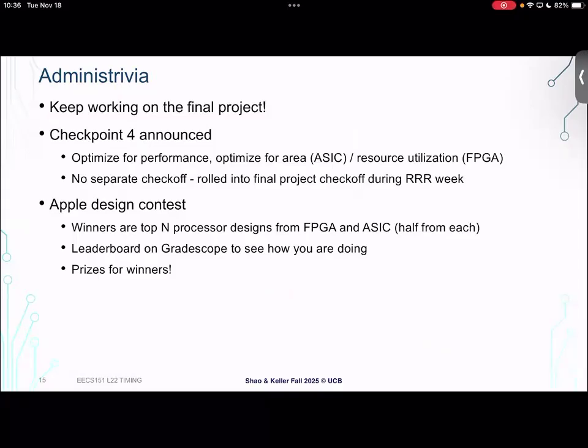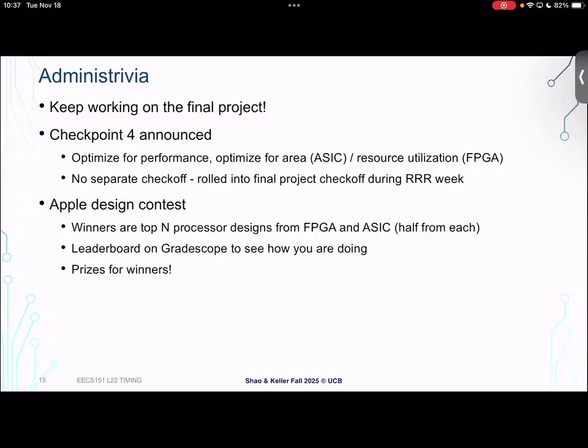Any questions about checkpoint 4 or the final project? I know it's a few weeks down the road still, so maybe it's not quite on people's radar yet. Correct. The formats are specified in the checkpoint 4 documentation, so read that carefully.